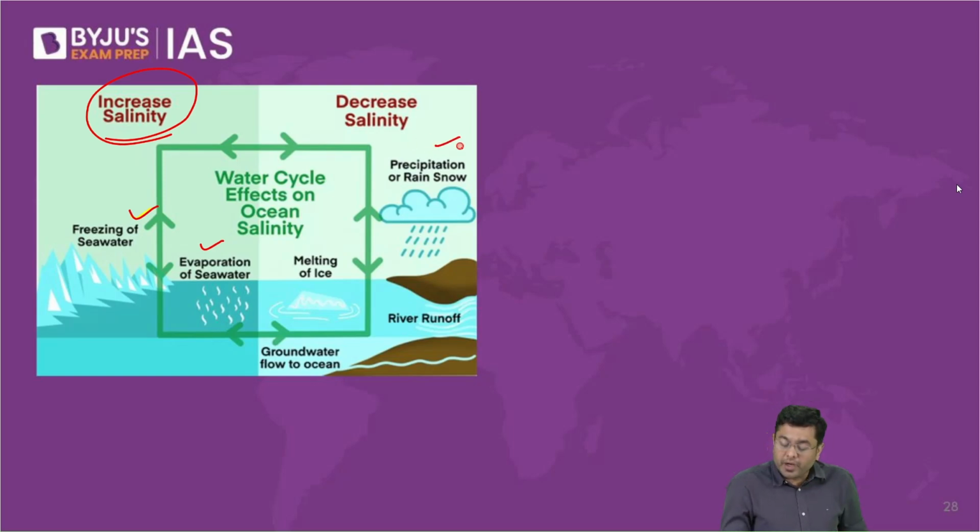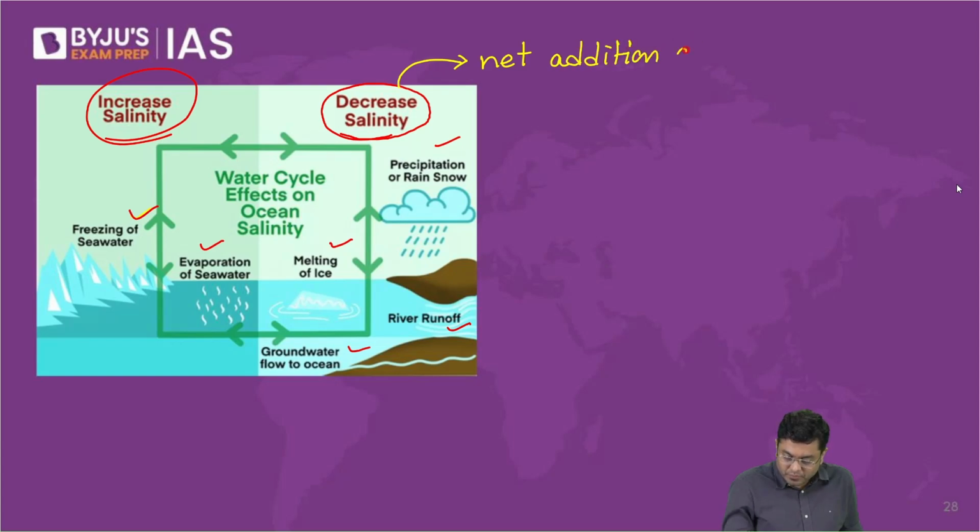Whereas precipitation, rain or snow, melting of ice, river runoff, and groundwater flow to oceans will all end up reducing the level of salinity. Why? Because they lead to the net addition of fresh water. Addition of water. And the others will lead to net removal of water.